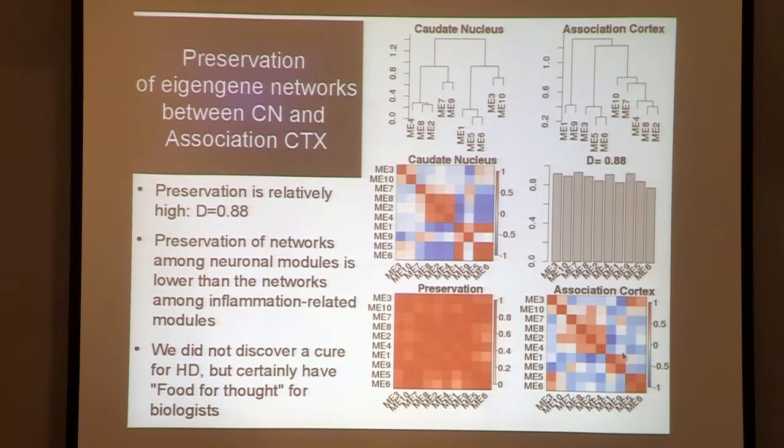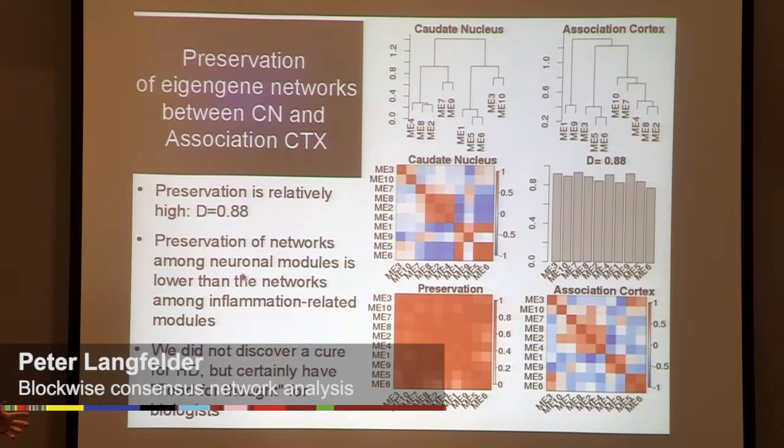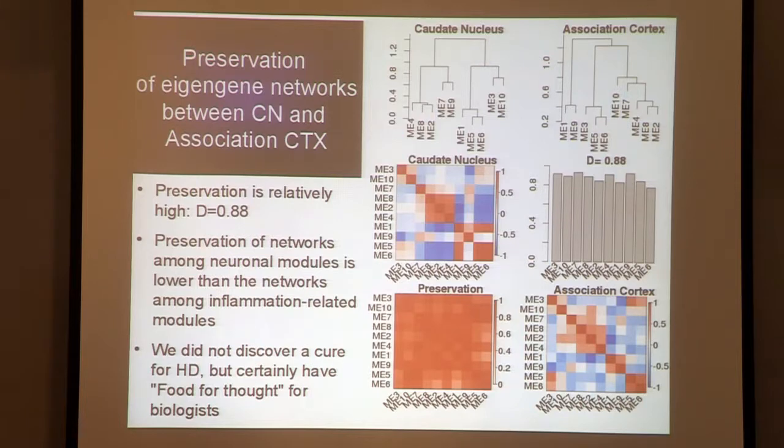Okay, so this methodology basically lets you look at the network of 20,000 genes from really far and just see, in this case, I think it's 10 eigengenes, a reduced view. And in this case, we did not discover a cure for Huntington's disease.